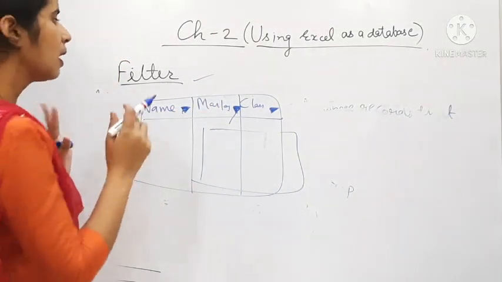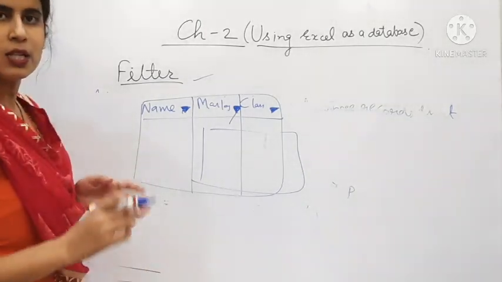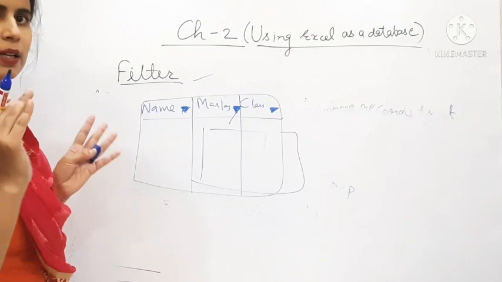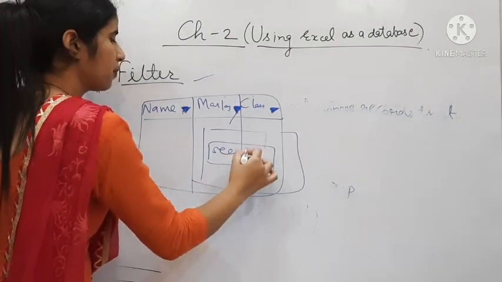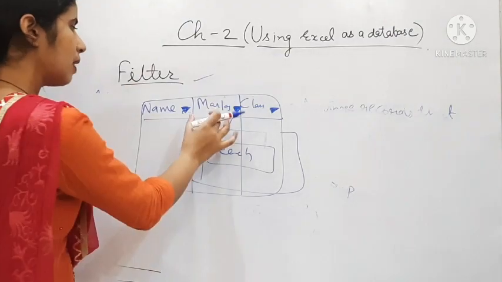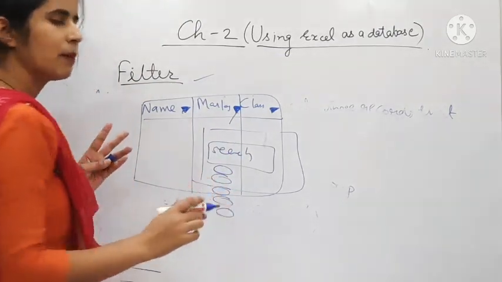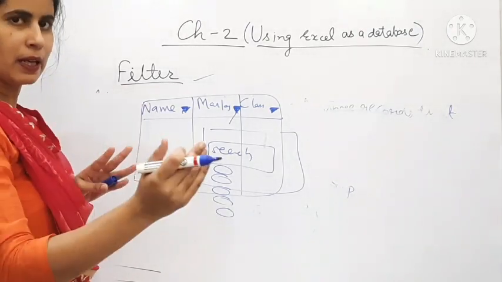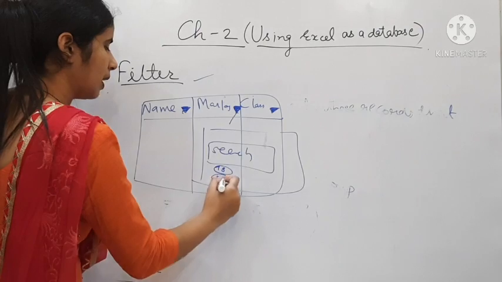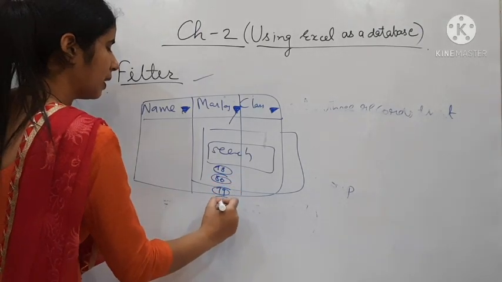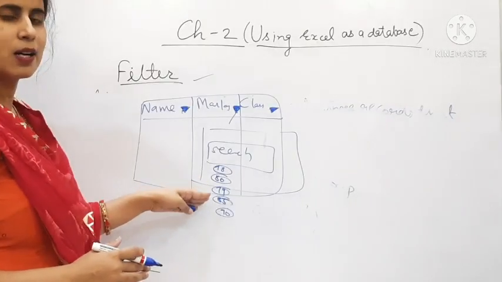In this box, I have many options. Sorting, okay, smallest to largest. Also downside, I get the option Search. Okay, and how many marks are there, they will display here. So the marks that I want to display, only I will select those. Suppose 78, 80, 79 or 85, 90. I want to show these marks only.